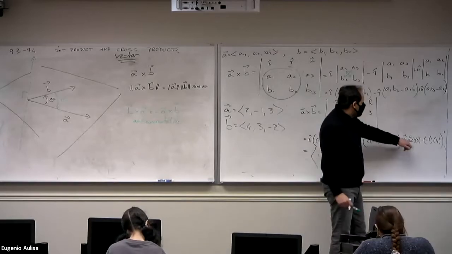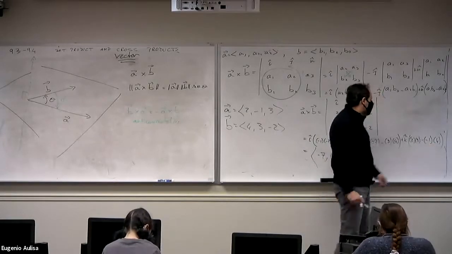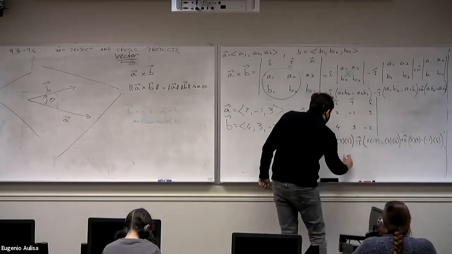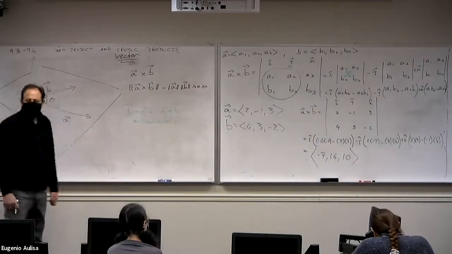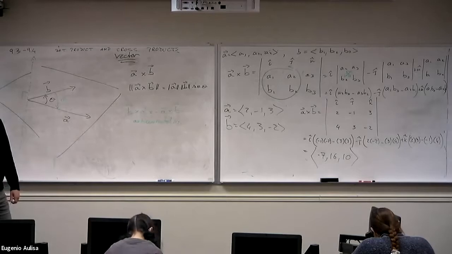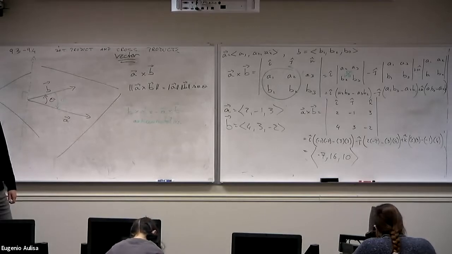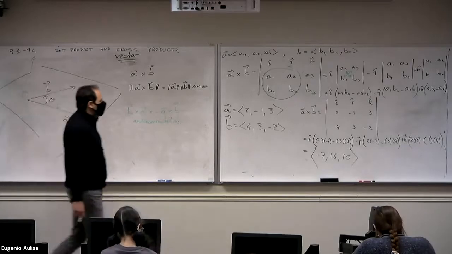And then we have 6 plus 4, 10. And this is our cross product. Okay. Is it clear?